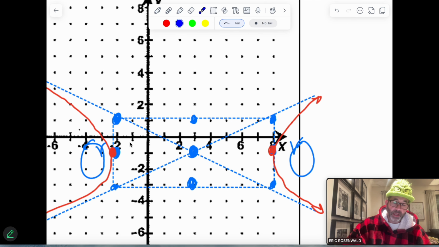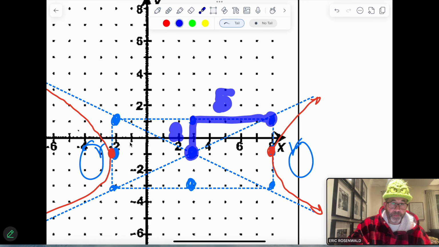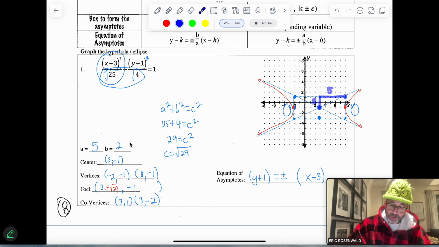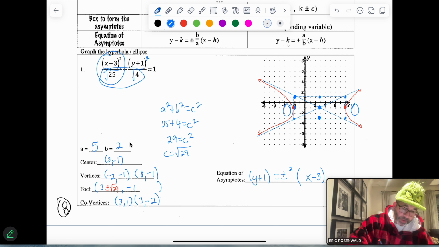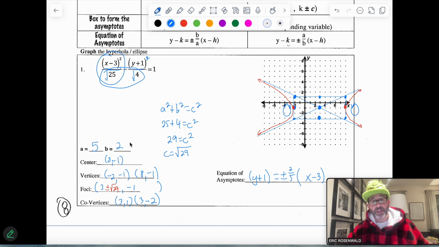You ready? If I look at the point right here, that's the point that we just used, which is our center. To get to the next point over here, you do your rise over your run. And you can see here, I rise 2 and I run 5. Okay? So that means we're going to go plus or minus 2 over 5. There you go. That is your asymptote. That is the equations. That's all of it put together.